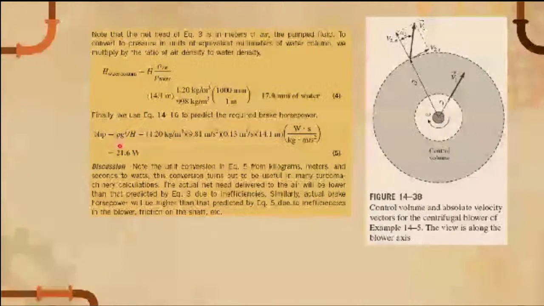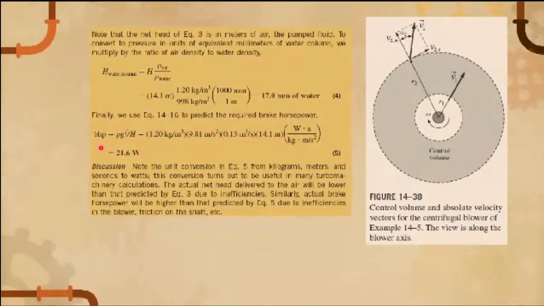So you have the density of air, the gravitational acceleration, the volumetric flow rate, and then the calculated head, which is 14.1. This is for air, because you are now referring to the pump.